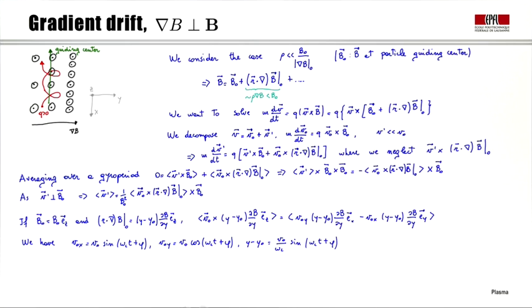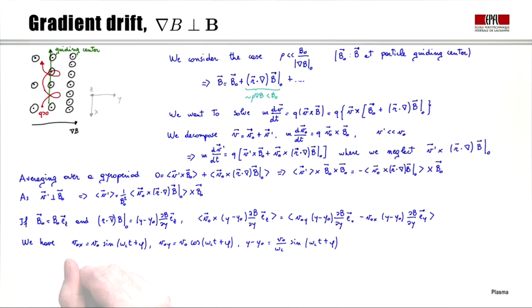Now we can plug these expressions of V0x, V0y, and y minus y0 in here, evaluate the gyro average, cross it with B, and what we obtain is V prime.